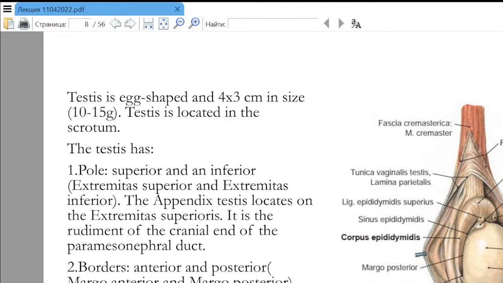Surfaces, medial and lateral: you see facies lateralis and facies medialis. The testis has the poles extremitas superior and extremitas inferior, margo anterior, margo posterior, facies lateralis, and facies medialis.